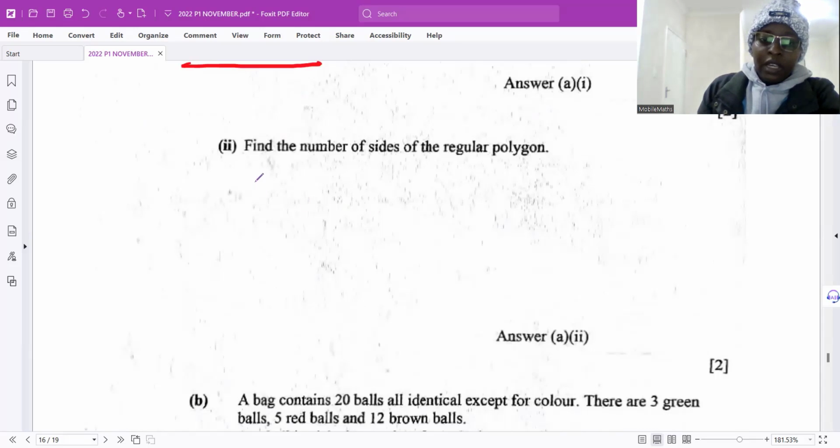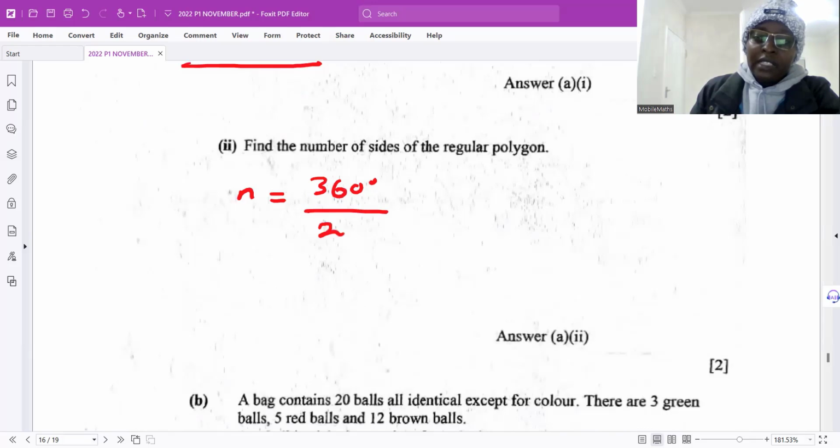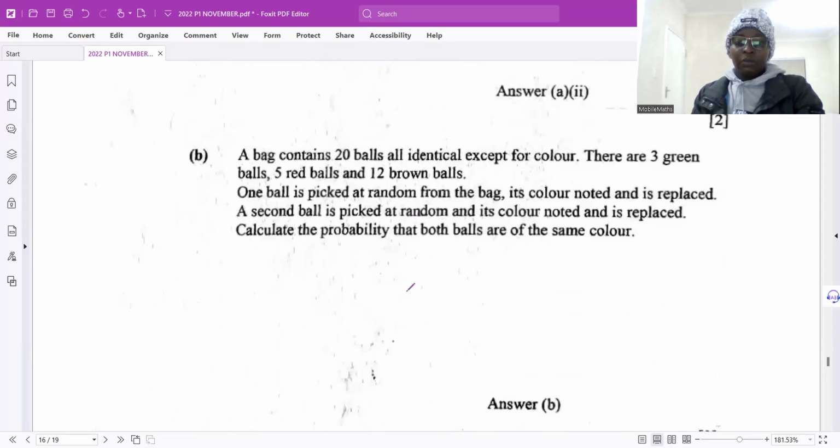The number of sides is equal to 360 degrees, since the exterior angles of a polygon add up to 360, dividing by 24. This gives us the number of sides, which is 15 sides. That is our answer. Let's move on.